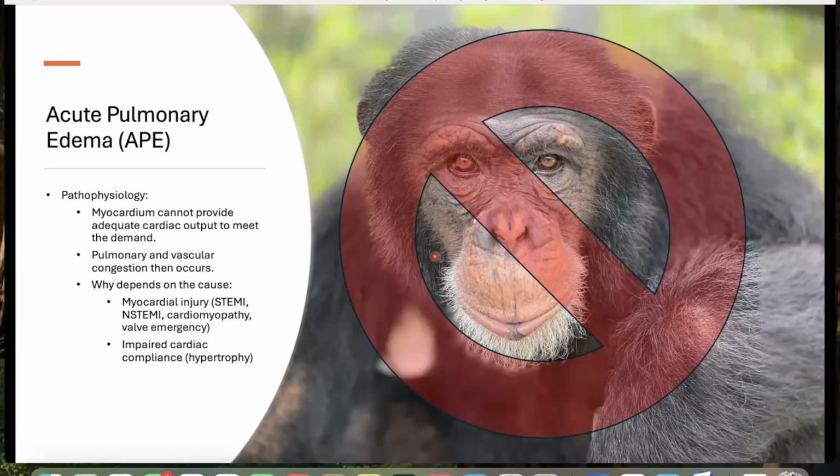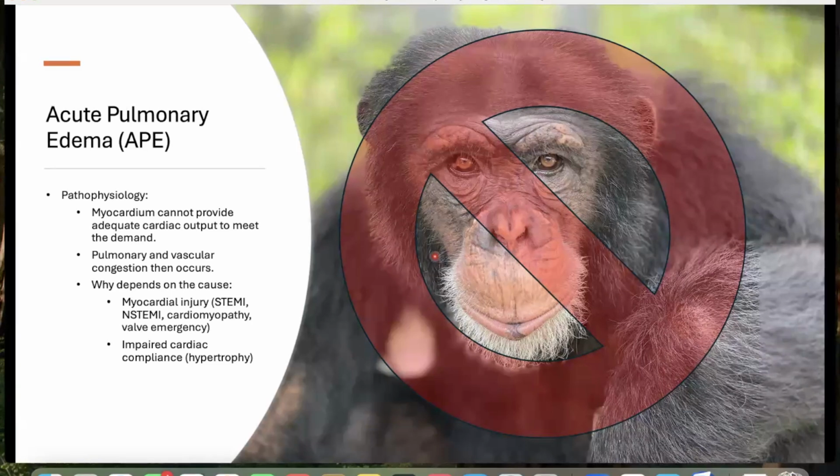This can be caused by a variety of things. It could be myocardial injury, it could be a STEMI or a non-STEMI, it could be cardiomyopathy, it could be that they have a valve emergency, where one of their chordae tendineae ruptured, and so they all of a sudden go from having a functional valve to a non-functional valve.